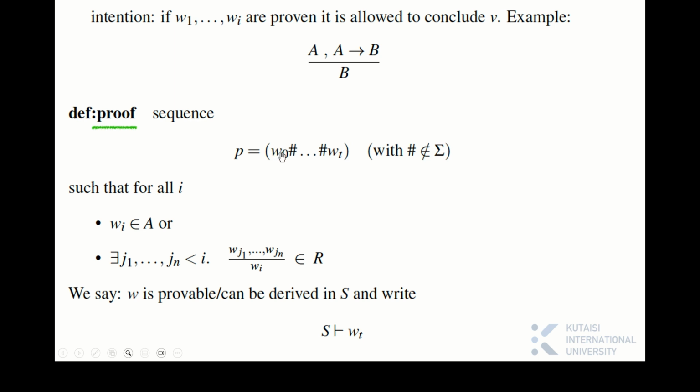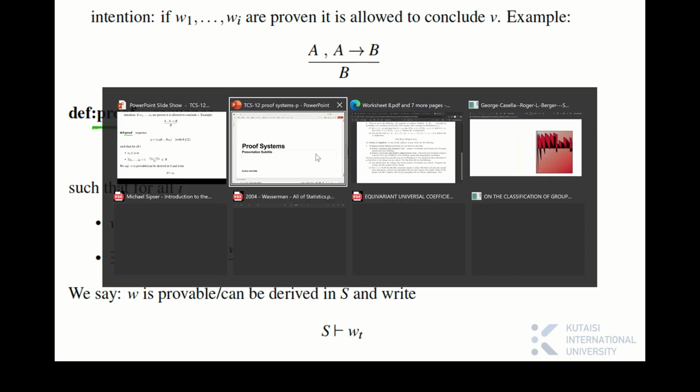So W0, there's nothing before it, so you cannot use this rule, so it has to be an axiom. Now W1. W0 is an axiom. W1 either is also an axiom or can be derived from W0 from one of the rules that you specified. Then W2 is either an axiom itself or can be derived from W0 or W1 using derivation rules. Okay, this is exactly what we specified.